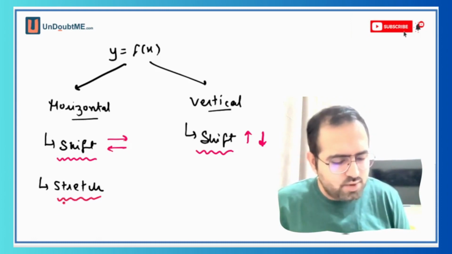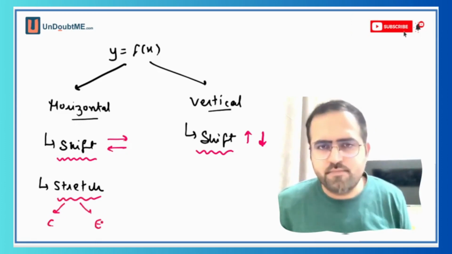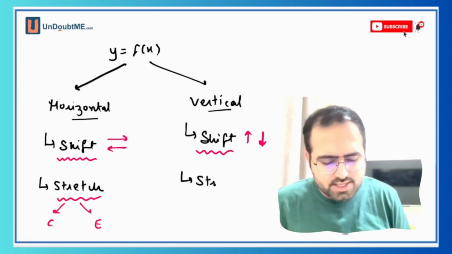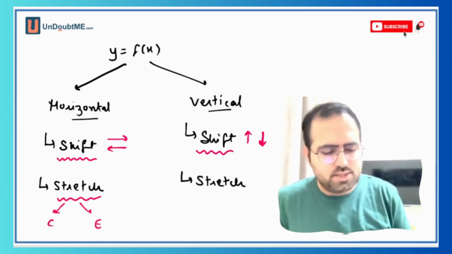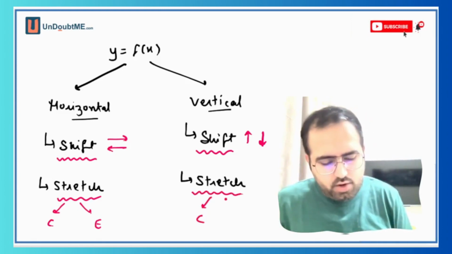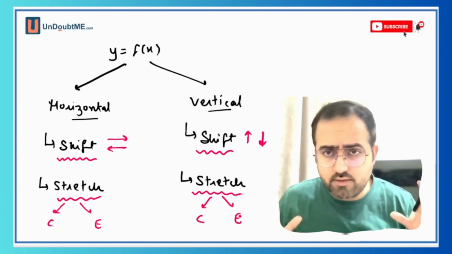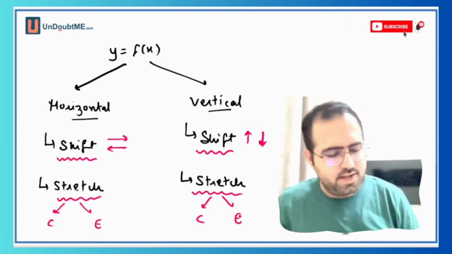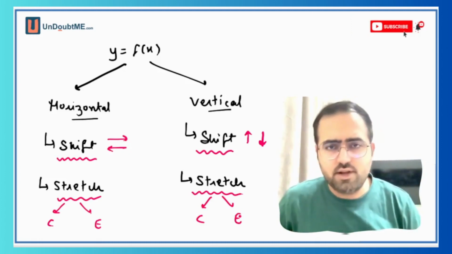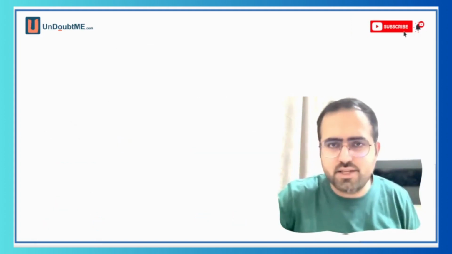In vertical also, the second category of transformation is stretch, and once again it will be either vertically compressed or expanded. So I hope that till here you guys are clear. Now we'll see one by one the example for horizontal shift, vertical shift, stretch and compression. Let us see each one of them step by step.